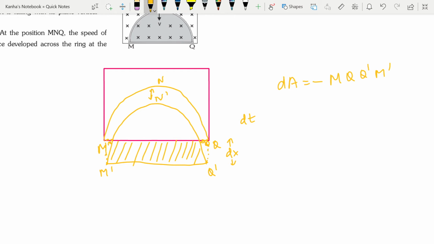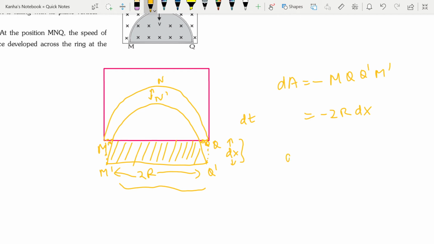Now what do I know? This M prime Q prime is nothing but 2 times R, 2 times the radius already. So I can write that this area can be written as minus 2 times R into dx. So it's dx into minus 2R. With this in place, I can easily find the change in the magnetic flux linked with the ring.